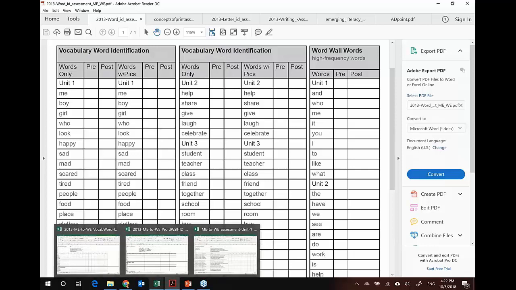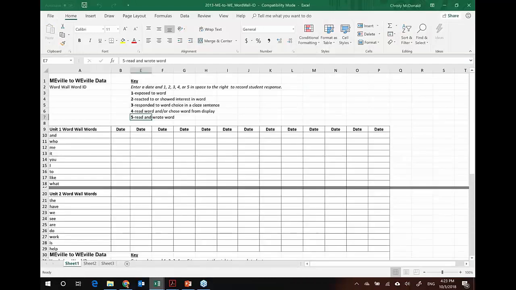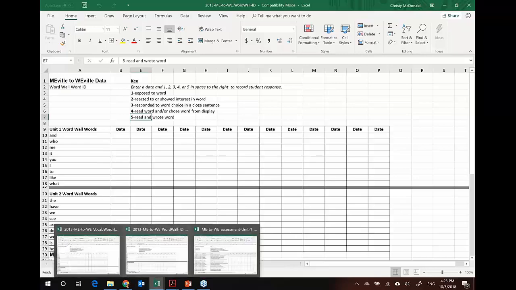But again, if you need a little bit more description, because you have a student who isn't clearly able to read those words every time, you've got this tool as well, where you can indicate using that scale from 1 to 5 whether the student was exposed to the word, reacted to and showed interest to the word, responded to a word choice in a closed sentence, and so on. So it's a way to capture those little incremental improvements or understandings that are sometimes hard to capture with the students that we serve.